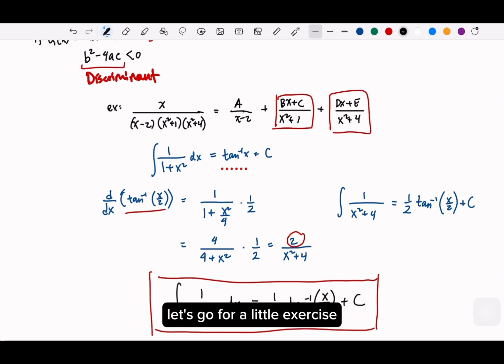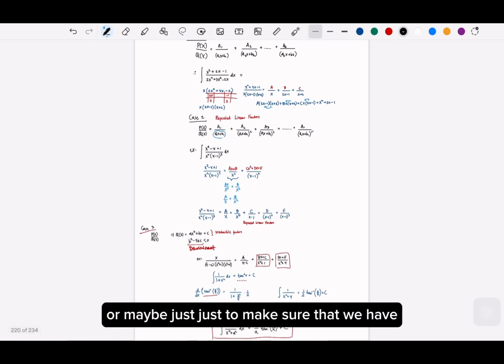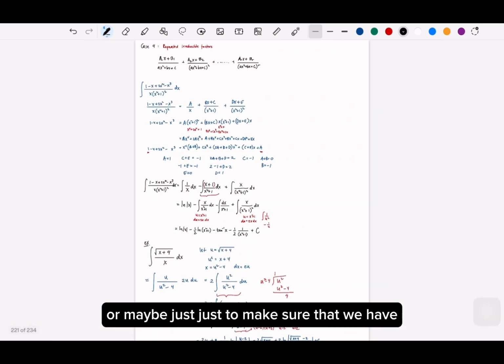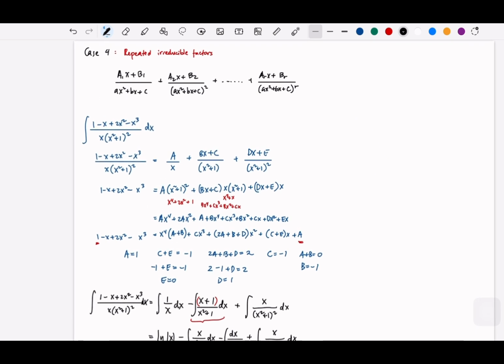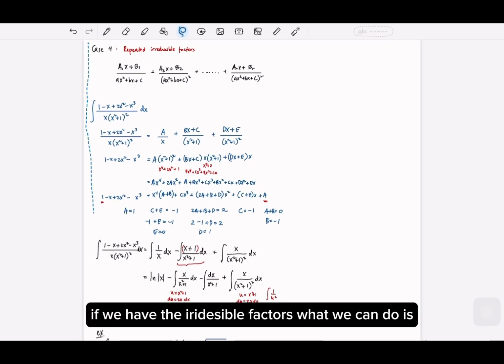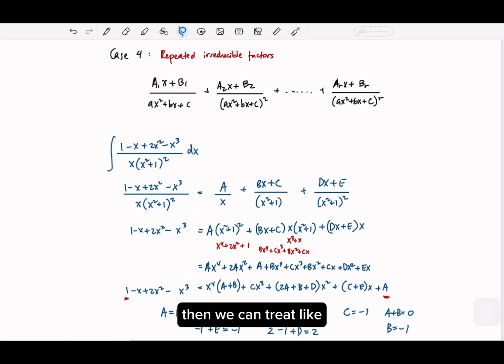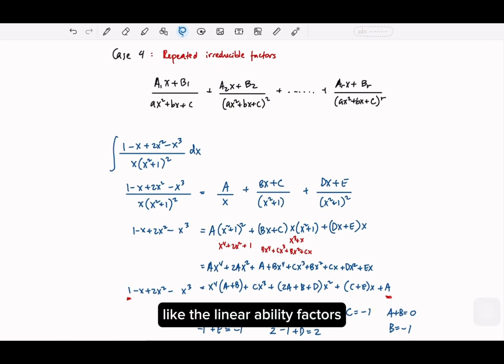So I think let's go for a little exercise, or maybe just to make sure that we have another variation for this part. If we have the irreducible factors and it is repeated, then we can treat it like the linear repeated factors.